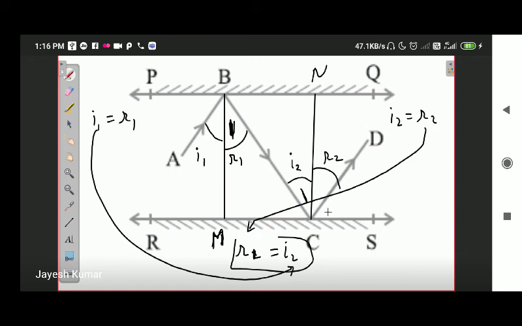We have concluded that all these four angles are equal to each other. Now we are going to use this concept to prove our point.